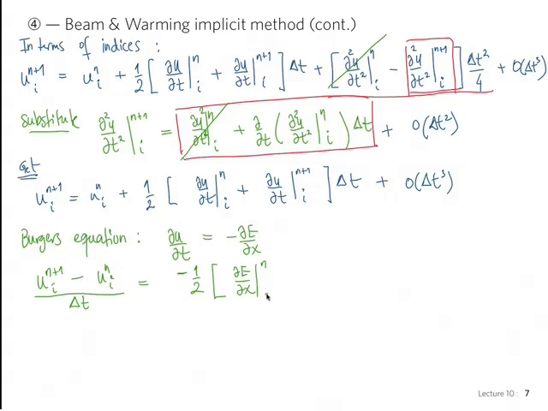So we replace the du/dt by dE/dx. And I wanted to illustrate here that this scheme is order delta t squared when I divide over by delta t.